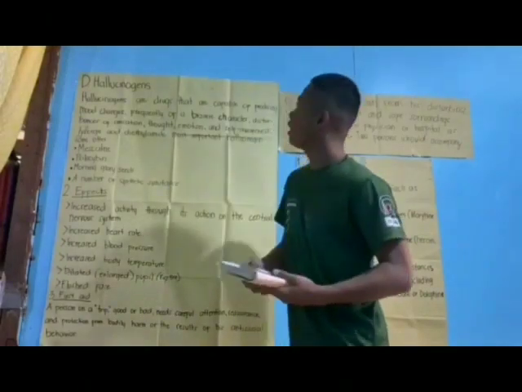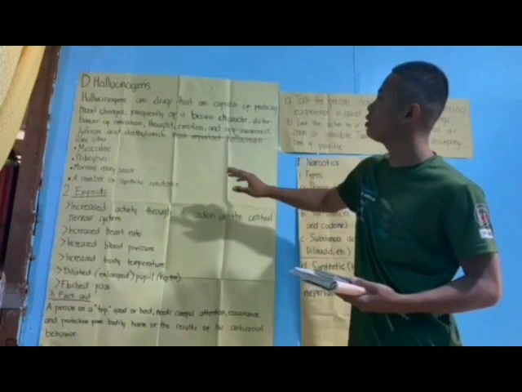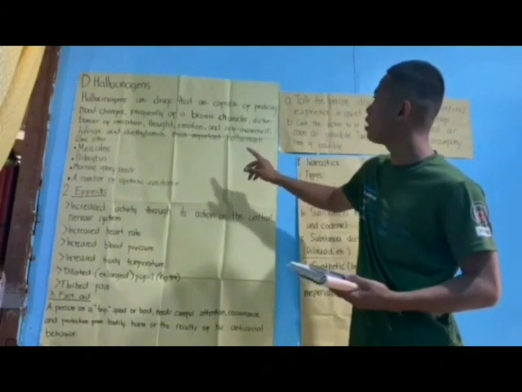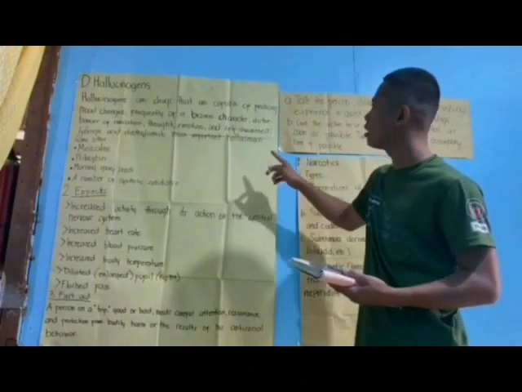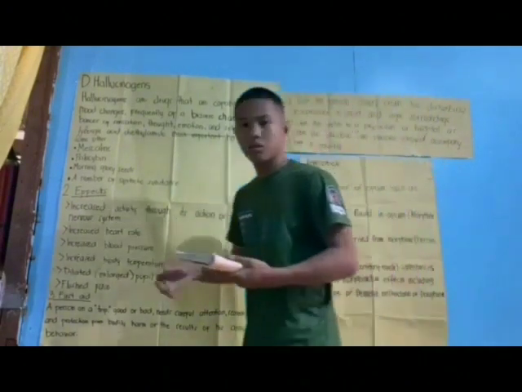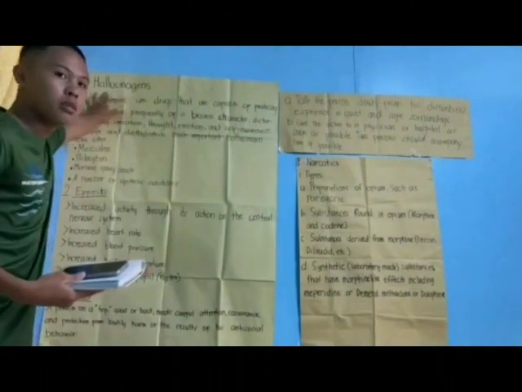So, hallucinogens. Hallucinogens are drugs that are capable of producing mood change, frequently of bizarre character, disturbance of sensation, thoughts, emotion, self-awareness. So hallucinogens, from the word hallucination.